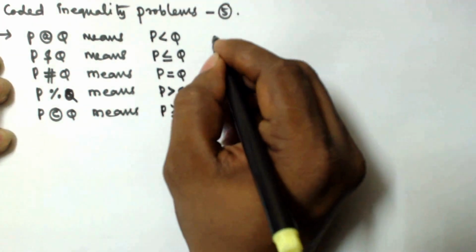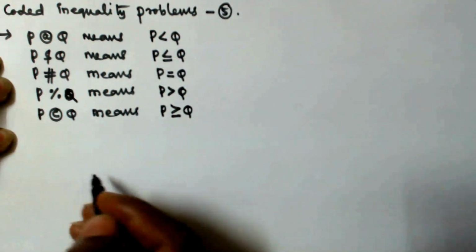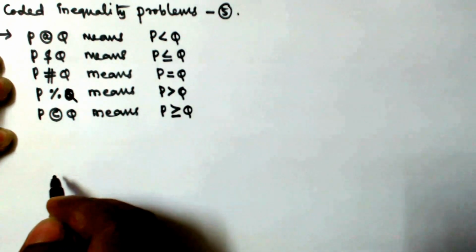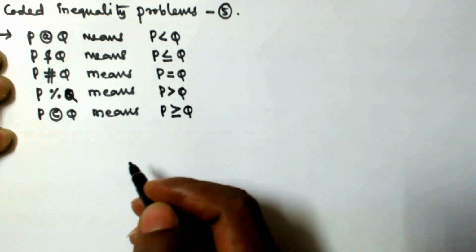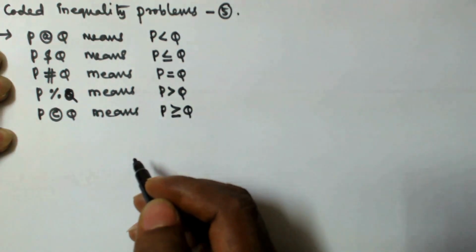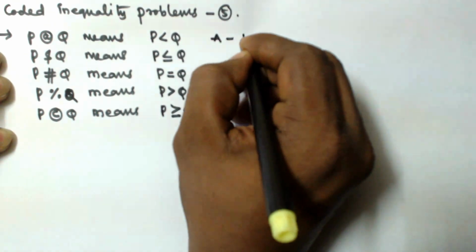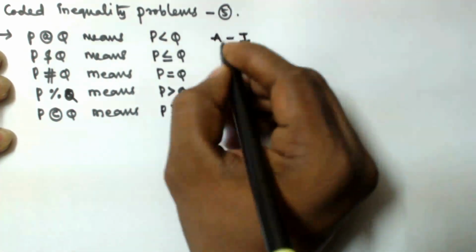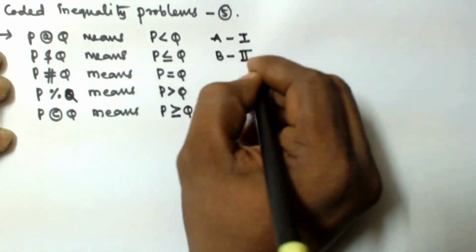So after that, based on this, we have to solve the given statements and conclusions. Statements and conclusions are given, and we have to find which conclusion is true. Two conclusions are given. We select option A if only conclusion 1 is true. Option B if only conclusion 2 is true.